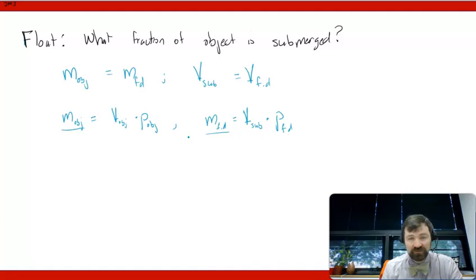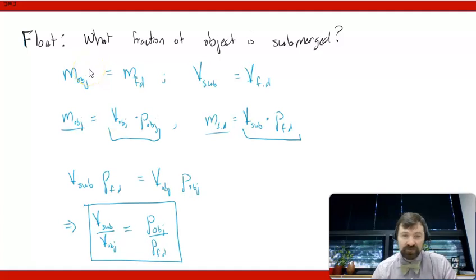Mass of object and mass of fluid displaced are equal, so that means that these volume times densities are equal, and then solve for the ratio. Thus, the ratio of the amount of the object submerged to the total volume of the object is the ratio of the object's density to the fluid density.